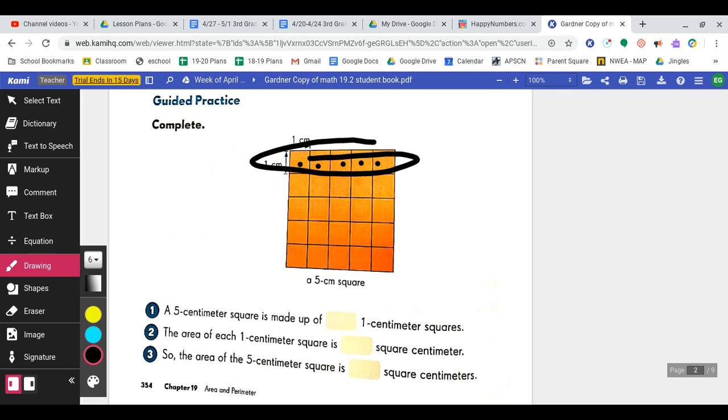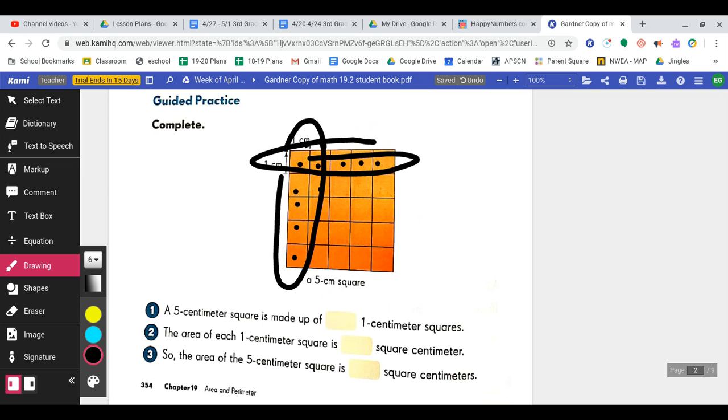Okay? So we're looking at that and then multiplying it by how many there are down. 1, 2, 3, 4, plus 5 up here. So 5 times 5 equals 25. That is how many squares there are all together in this shape. We do not need to count them up because multiplying is going to be our faster option.